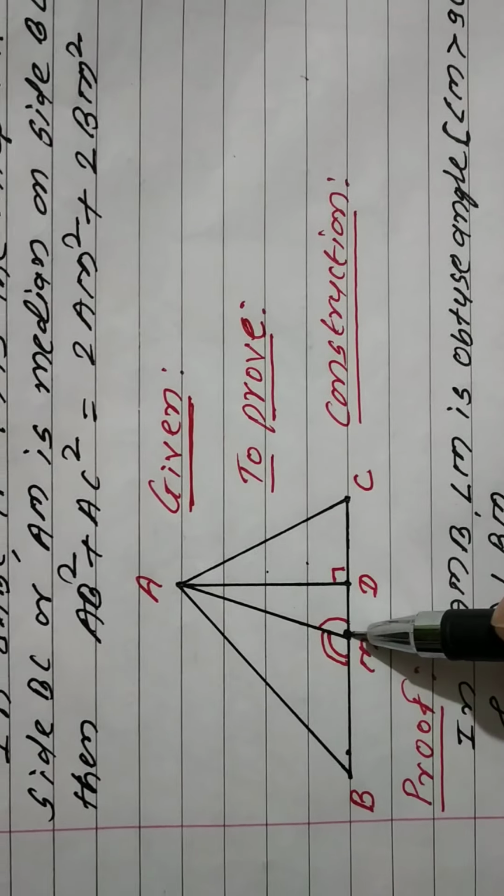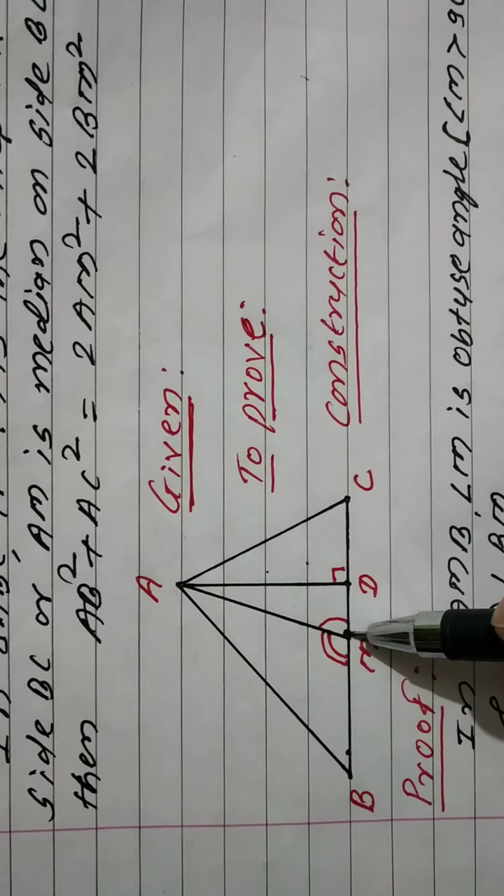Similarly, in triangle AMC, angle M is the acute angle. By using application of Pythagoras theorem, its opposite side AC square is equal to the remaining two sides, AM square plus MC square minus 2 times MC into MD.